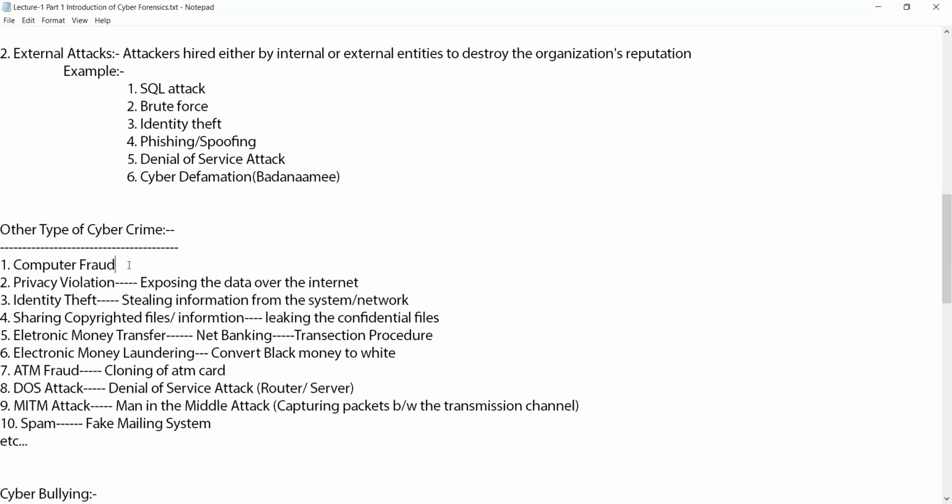In that scenario, person A is sharing copyrighted files as well as confidential files with another company, the competitor of their own company. So they are committing a type of crime called cyber crime of computer fraud, sharing copyrighted files or leaking information, right?